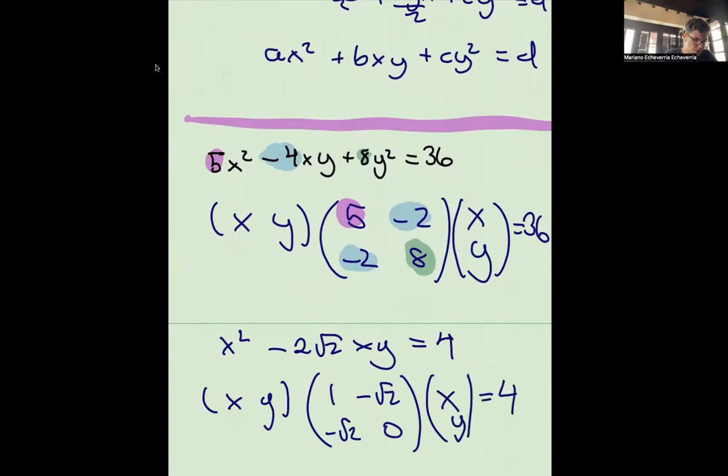Again, it's similar. There's a 1 here secretly, so you put a 1. There's no y squared, so you put a 0. And the mixed term goes in here because it gets divided by 2 again.